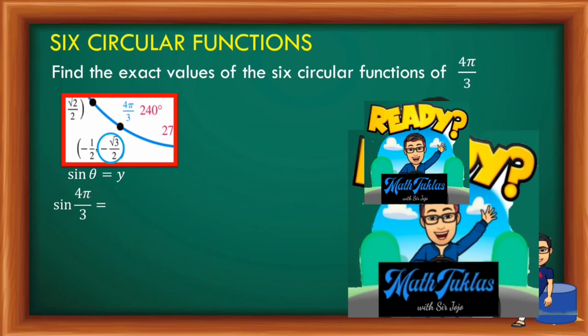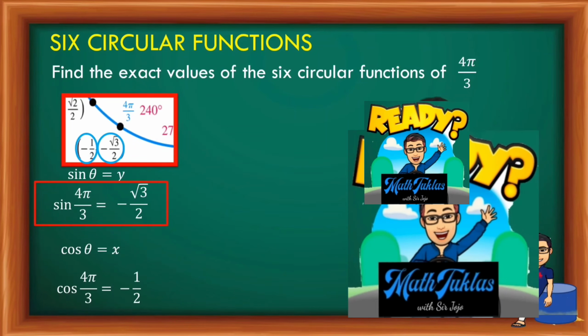Okay, how about cosine theta? Again, equal sa x, which is negative 1/2. So, cosine 4 pi over 3 is equal to negative 1/2.